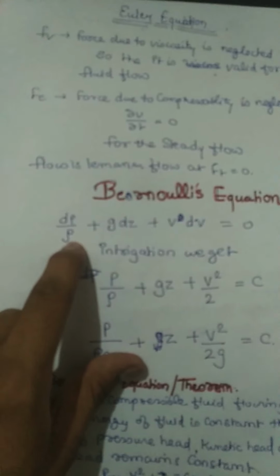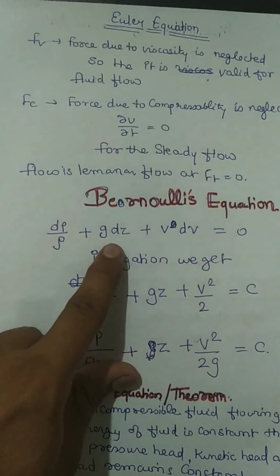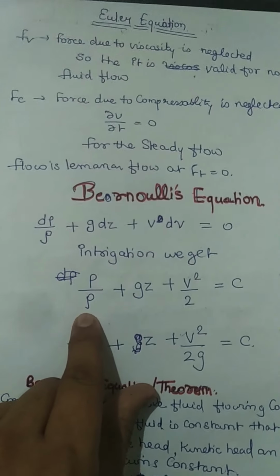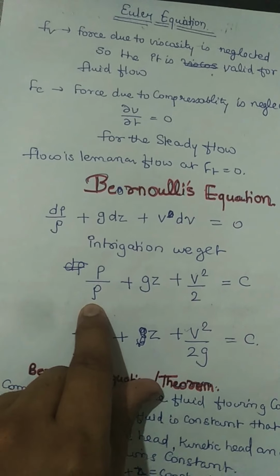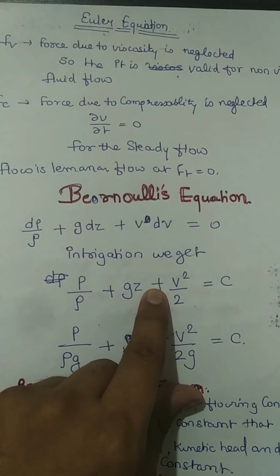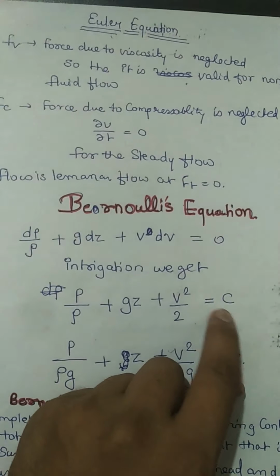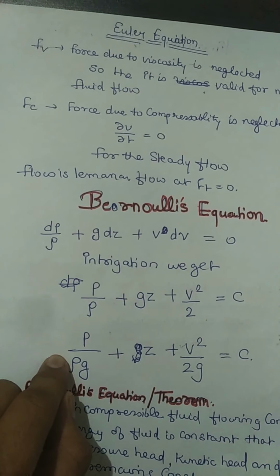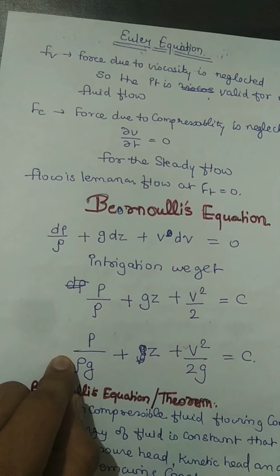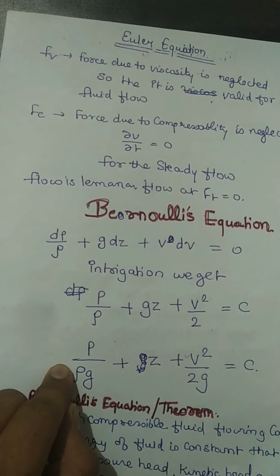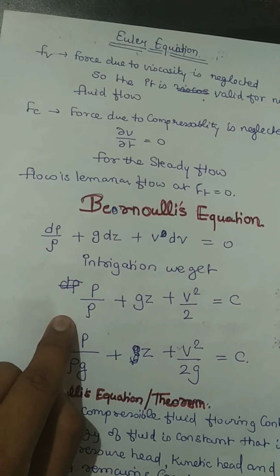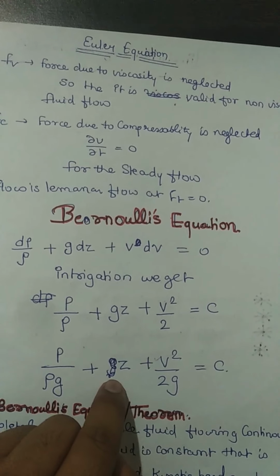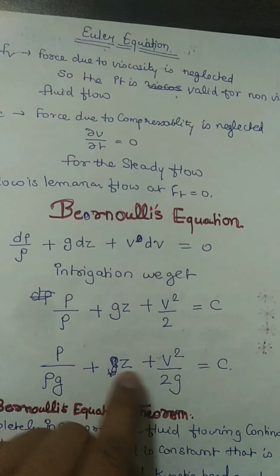Integrating we get p by rho plus gz plus v square by 2 equals constant. Now dividing all the terms with g, we get p upon rho g plus v square upon 2g plus z equals constant.